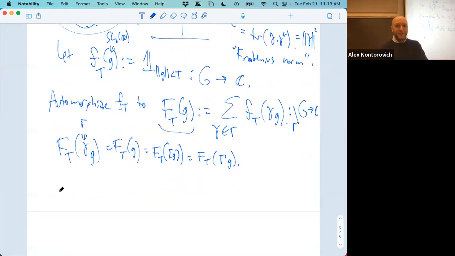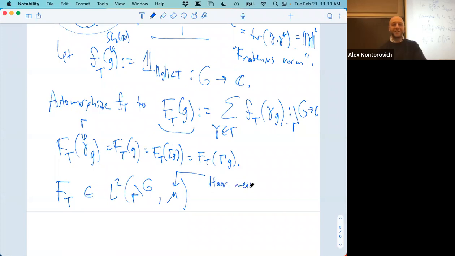So we have a nice function. This F_t is in L2 of G mod Gamma. With respect to what? Well, with respect to Haar measure, which I haven't described, some invariant Haar measure on G that descends to the quotient G mod Gamma.